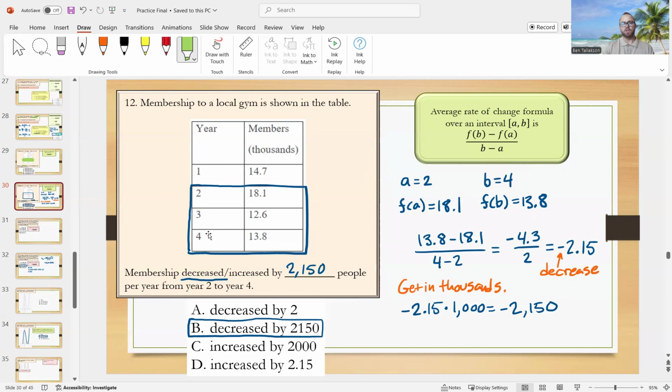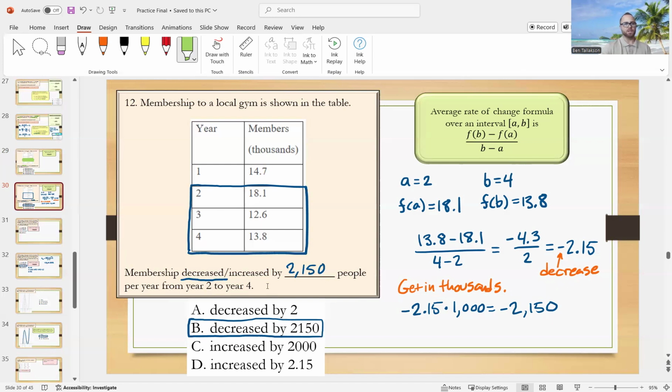Remember, what's in the X column is your A value, and what's in the Y column is your F of A value. So the first value they give you is A, the second value they give you is B. Okay, so year 2 is A, 4 is B.